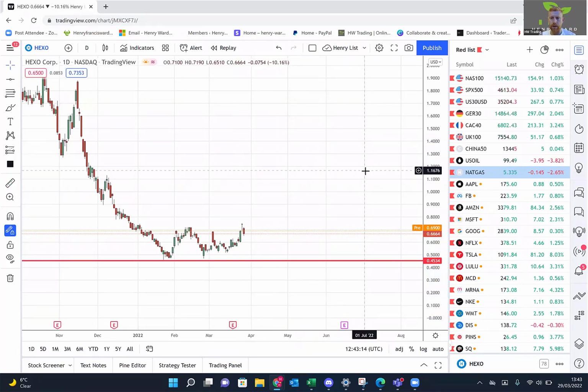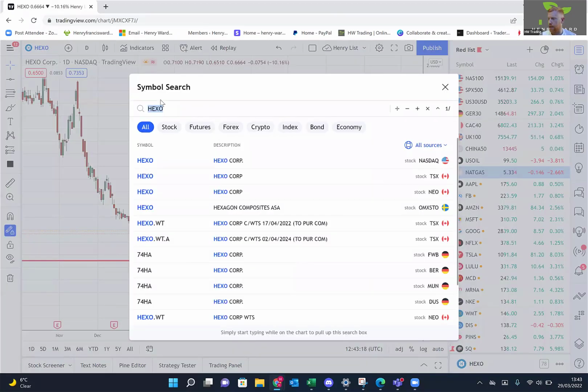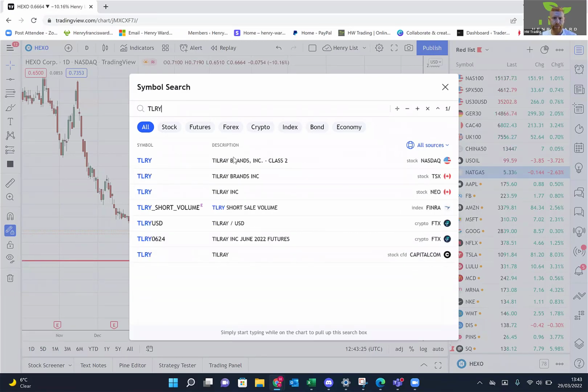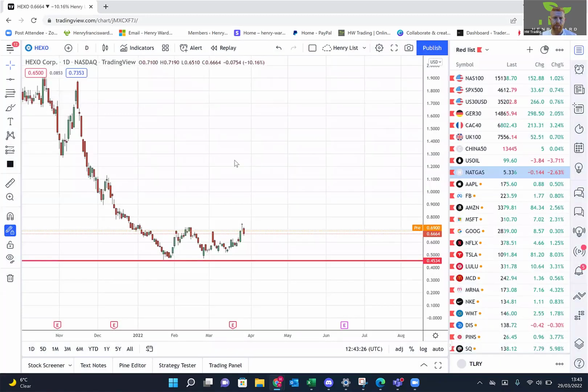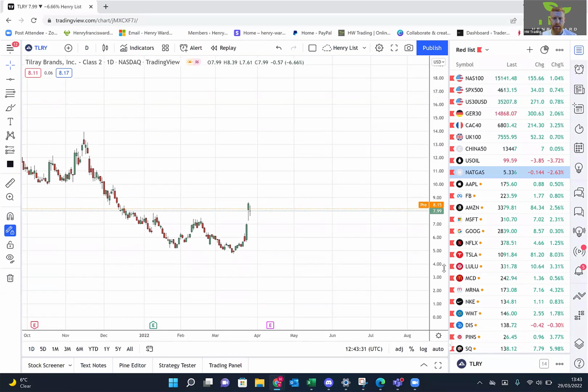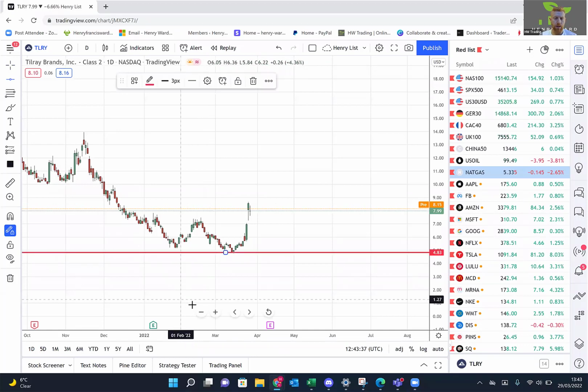All right, good. And then the other one I wanted to have a quick look at is... so this one has had a bigger bounce than the other ones.